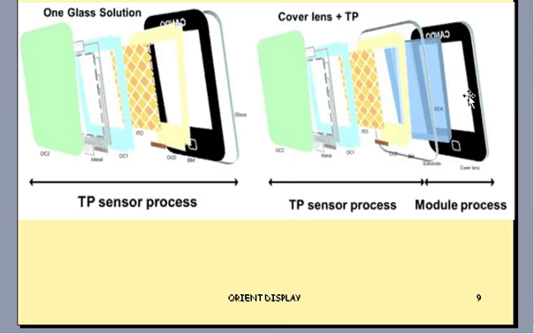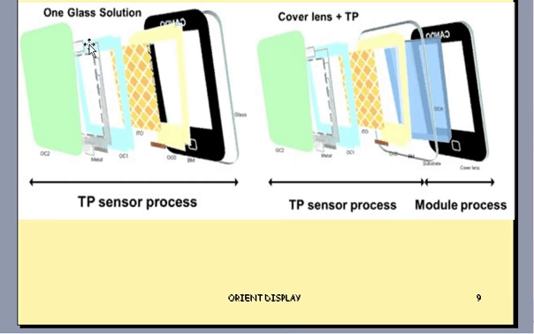There's a cover glass because the sensor is very fragile and easy to break. So we need to have tempered glass in front. We call it cover lens to protect the sensor, and use OCA glue, that is optical adhesive, to glue the cover lens and the sensor. So in that case, we can get a touch panel module.